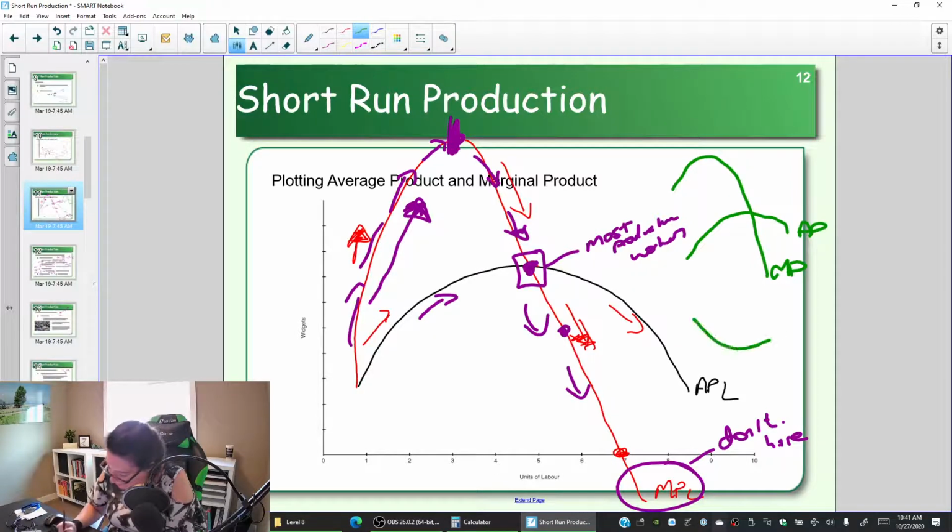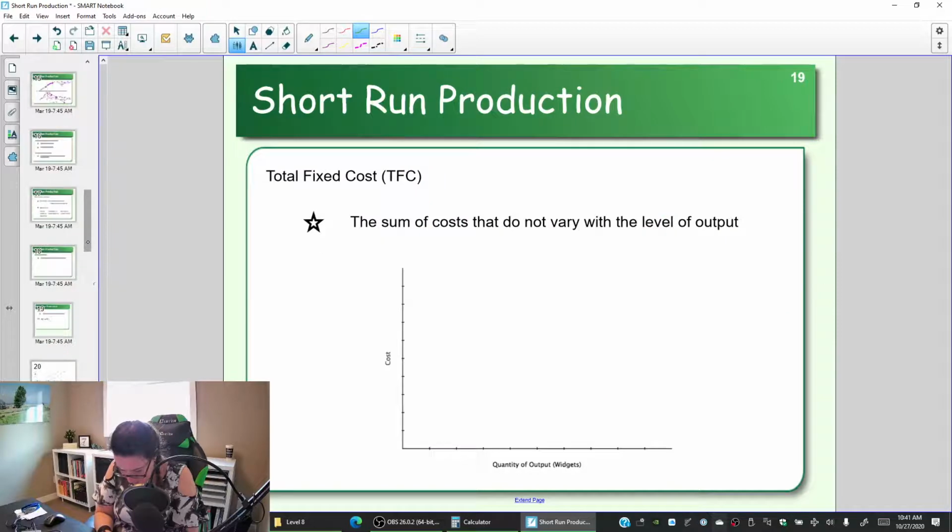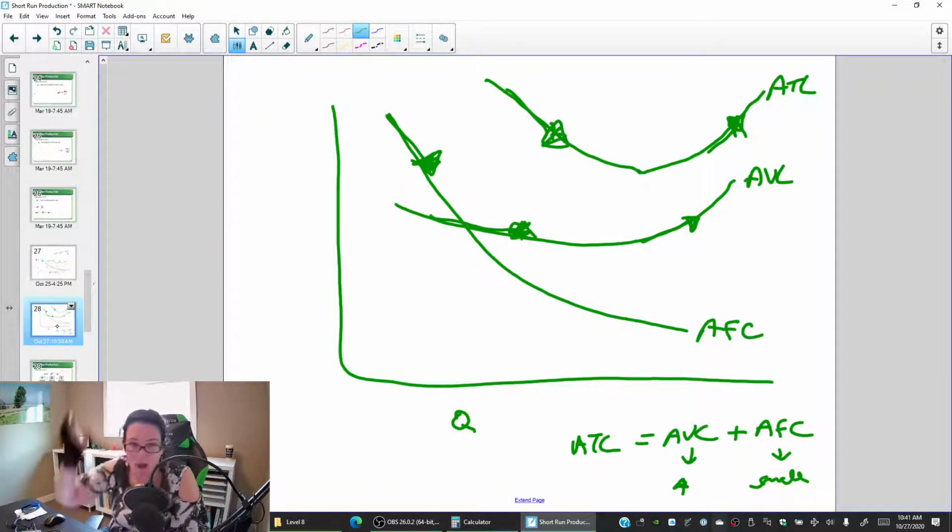And so that's going to make our average variable cost have that U shape, because as we said, when you get more per worker, then you can spread that $5 across more units. When you're getting less per worker, you can't spread it across as far. So in theoretical terms, your average fixed cost is continually declining, average variable cost is a U, and that's going to make average total cost a U as well.